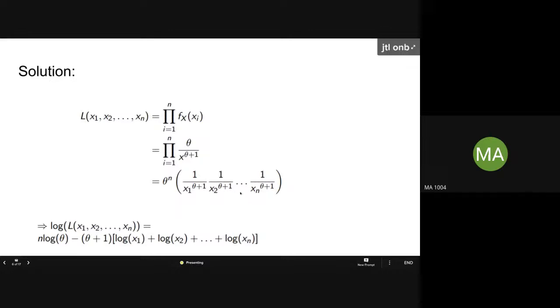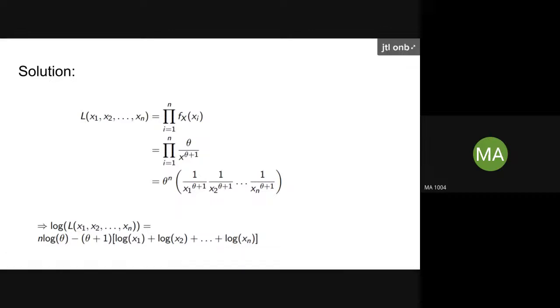Now the theta plus 1 comes outside of the log. There are some intermediate steps, so you just write it down, you will get it. So this will be theta plus 1 times log of x1 times x2 times x3 and so on up to xn.